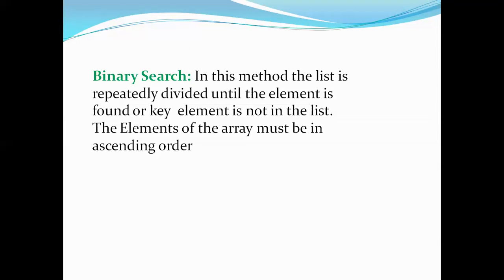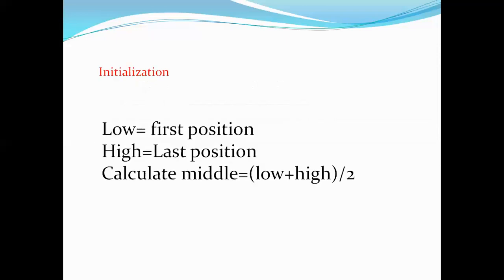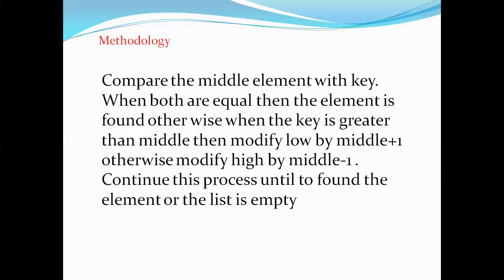What is the procedure we are using in binary search? Let us assume that there are 10 elements. Assign the first position to low, the last position to high, and calculate the middle. Middle equals low plus high by 2. Then we compare the middle element with the key element.